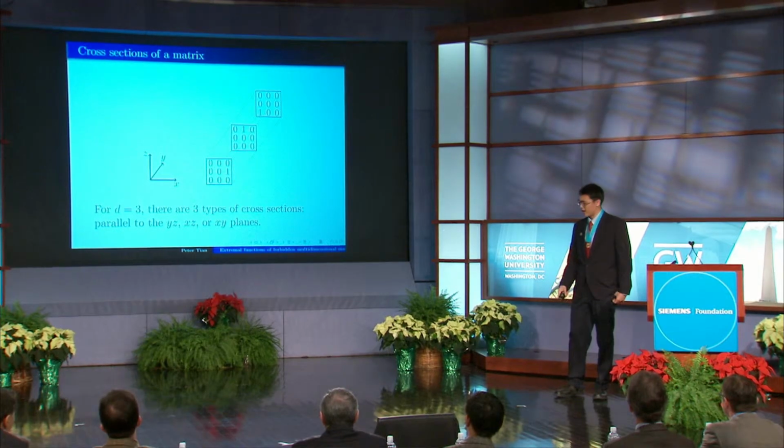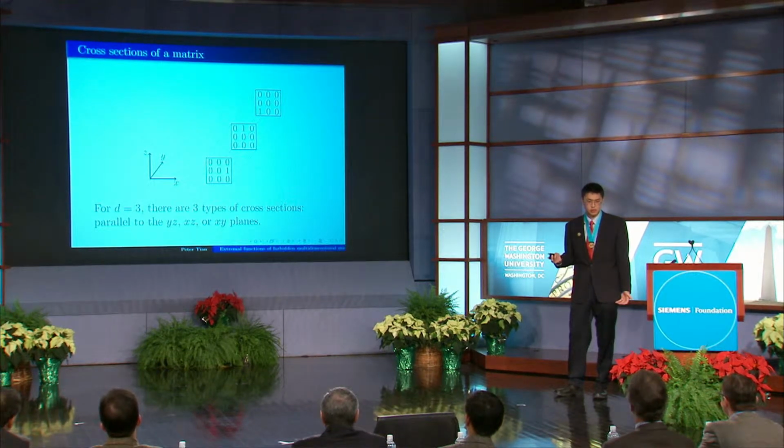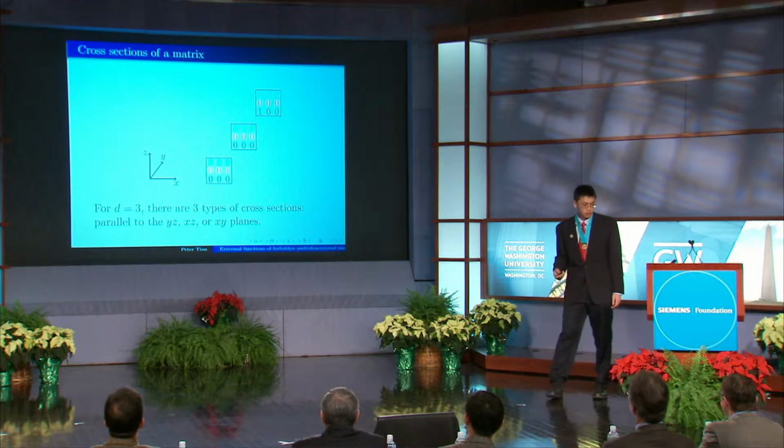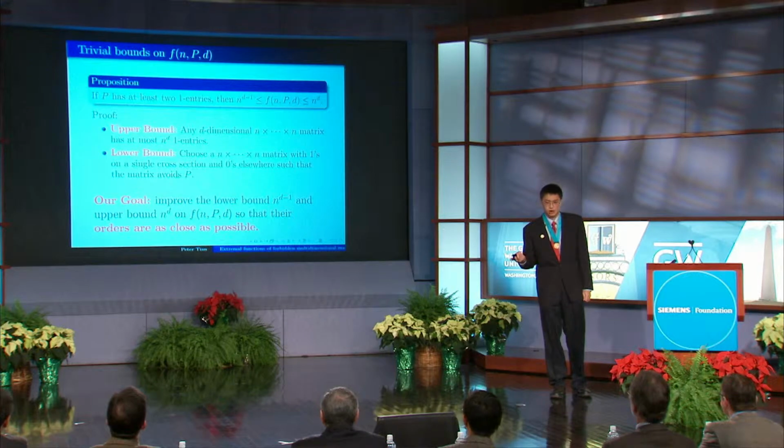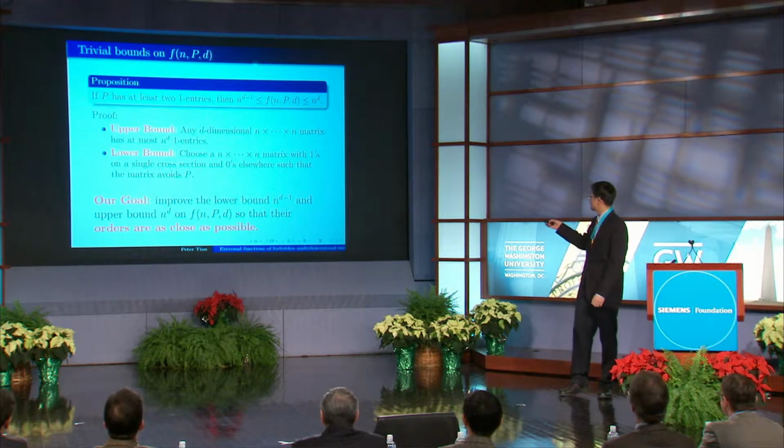So now a cross-section of a D-dimensional matrix is just a set of all entries which share one coordinate. So in this example, all the entries of the same color represent a cross-section. Now we can prove some trivial bounds on the extremal function. So if P is any non-trivial D-dimensional matrix, then the extremal function is always between n to the d minus 1 and n to the d.